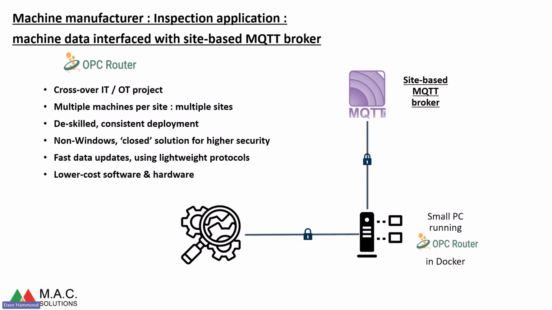The data being sent is a small amount of data, running very fast, and the MQTT protocol lends itself very nicely to that. The use of Docker lends itself nicely too, and the OPC router image in Docker is lightweight and can handle some data in a very quick way.